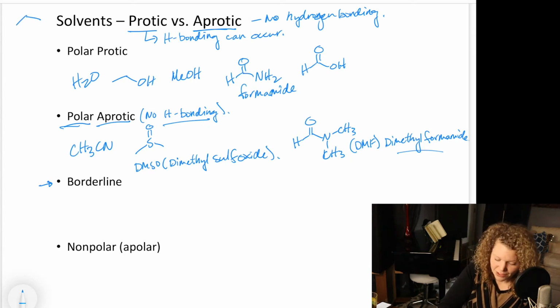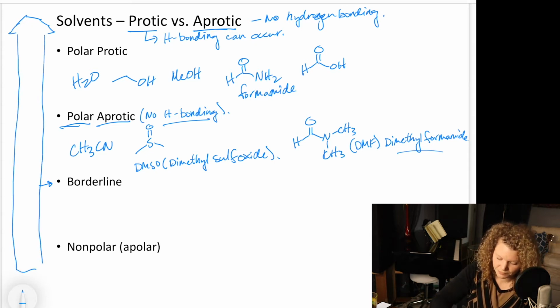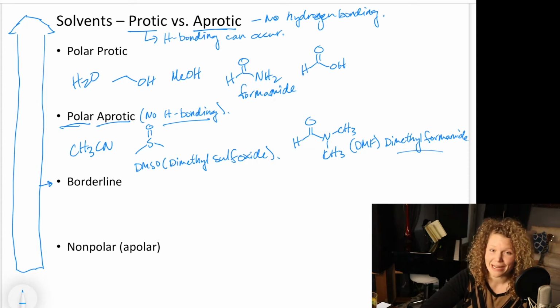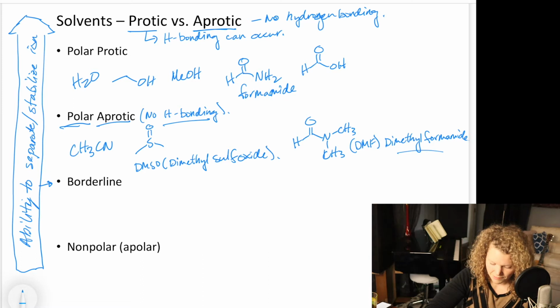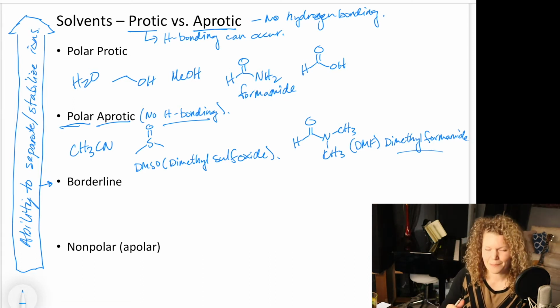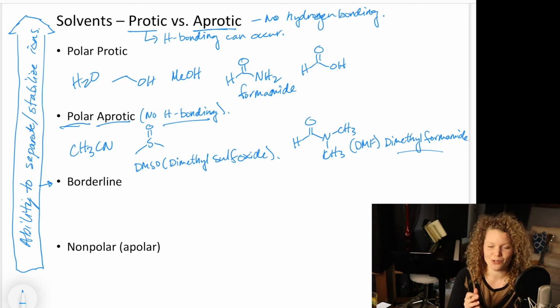So if I were to draw an arrow on this slide as we continue to go through, we're going to write ability to separate / stabilize ions. The borderline ones can still do it better than fully non-polar solvents.